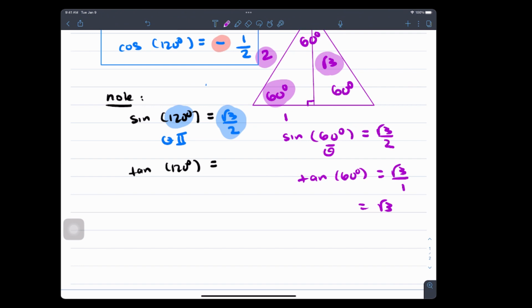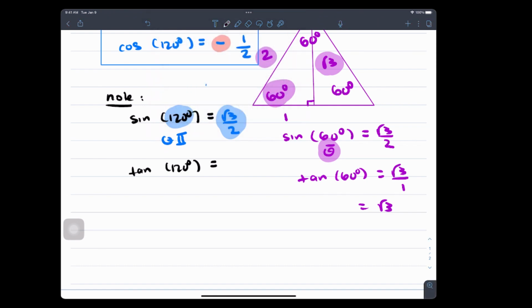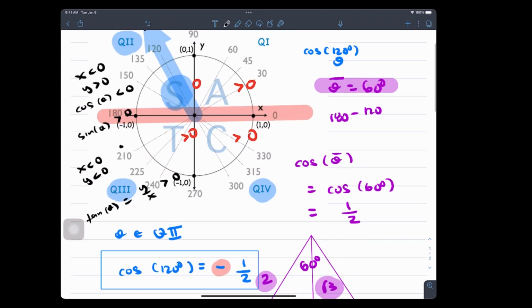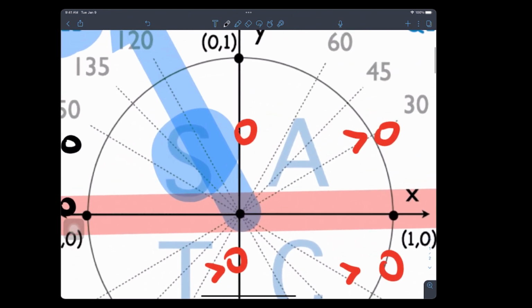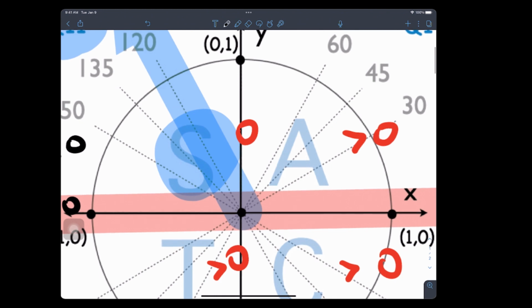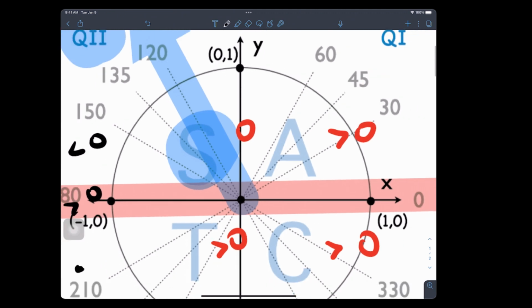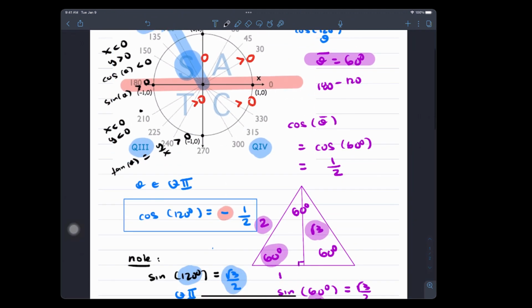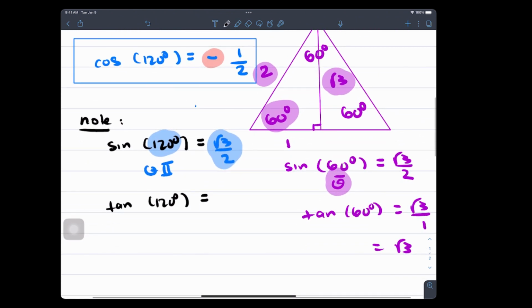So for the reference angle, quadrant 1, what's the story now? 120 is in quadrant 2. Is that going to be positive or negative for 120? This means only sine's positive for any angle in quadrant 2. What does it mean about tangent then? Well, 120 is in quadrant 2. So any angle in quadrant 2 for tangent will be negative.